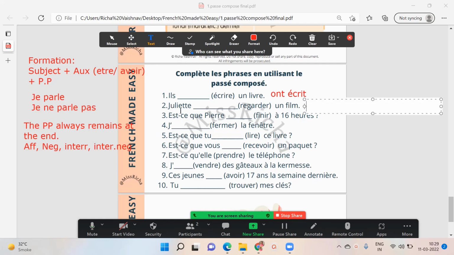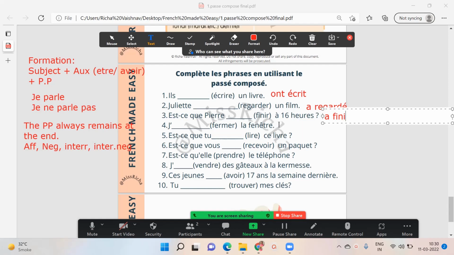Now see, instead of giving a subject pronoun directly, in this sentence they have given the name of a person, but you have to understand Juliet is elle. So we use the elle form here. Elle a regardé. Next. Next will be escapade. A fini. Très bien. A fini.